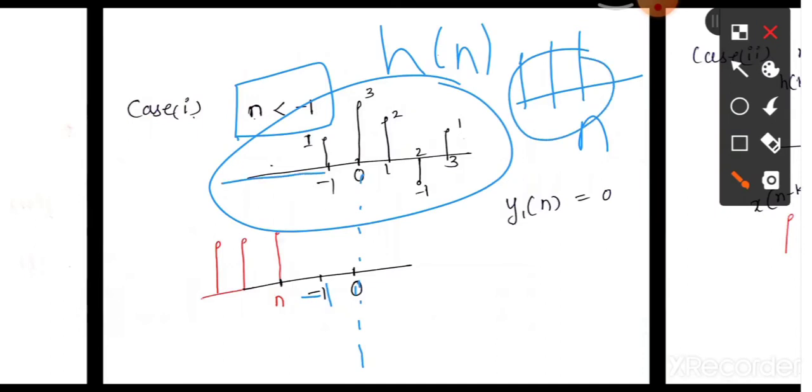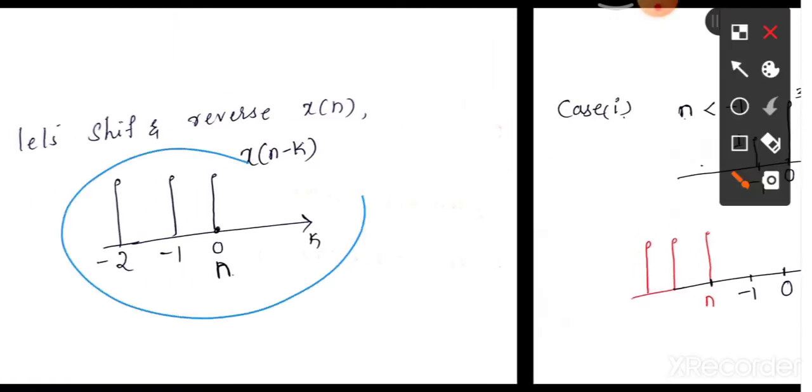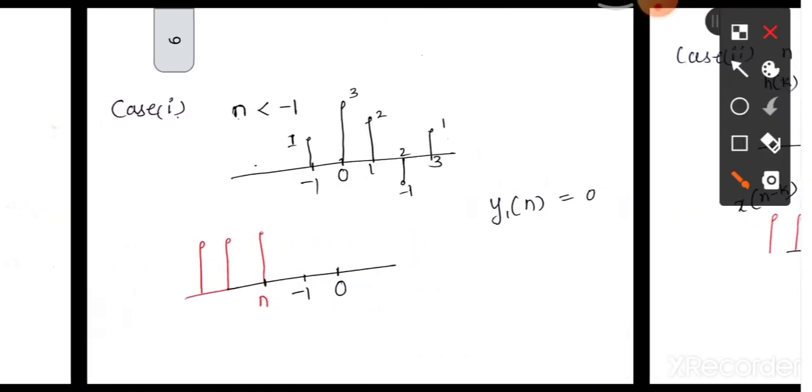You have to check how much of the signal is overlapping on the h of n signal. Let's say n is less than minus 1. Minus 1 is here. Where is n? This point n, when you take this point, obviously comes along with the entire signal. So we are placing n below, or before, minus 1.